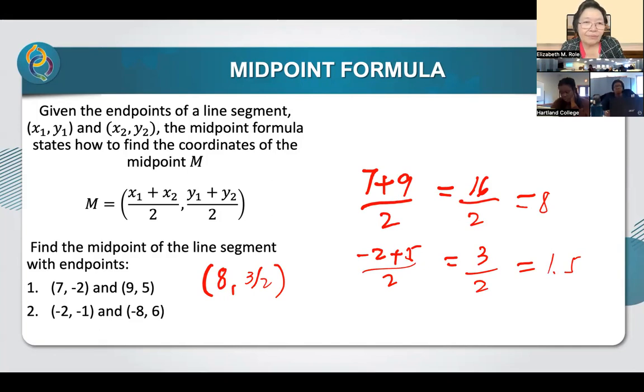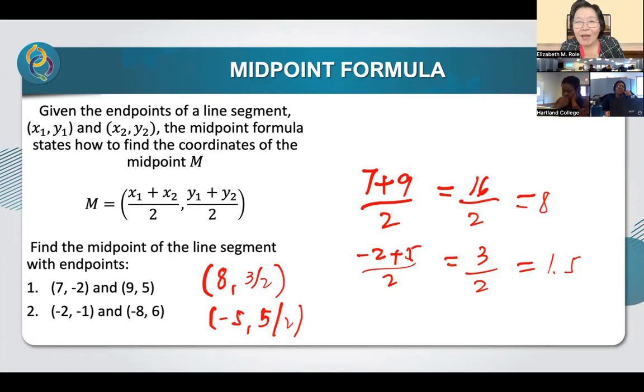All right, number 2, what would be the midpoint between -2, -1 and -8, 6? It's -5 and 5 over 2, which is 2.5.